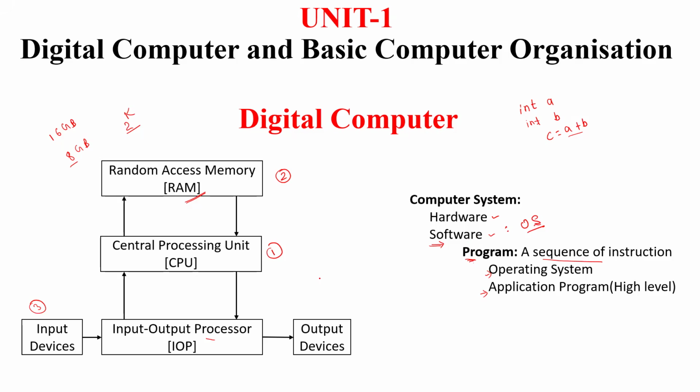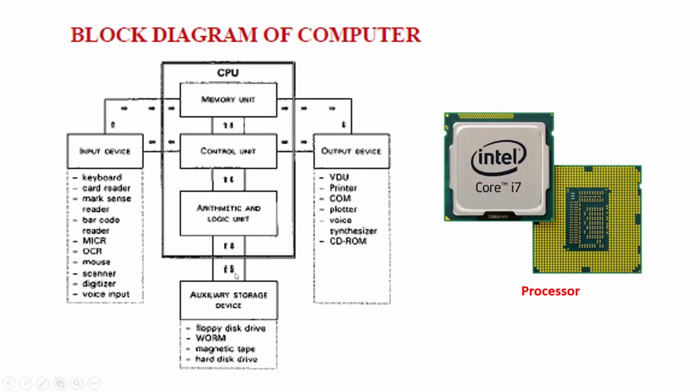Next we are going to see more detail about various peripheral devices. Here is the basic block diagram of the computer, elaborated a little bit. The CPU part has what things? Memory unit, control unit, and the ALU, arithmetic logic unit. Again, here we have input devices like keyboard, card reader, machine readers, like RFID card reader, MICR, OCR, and mouse.